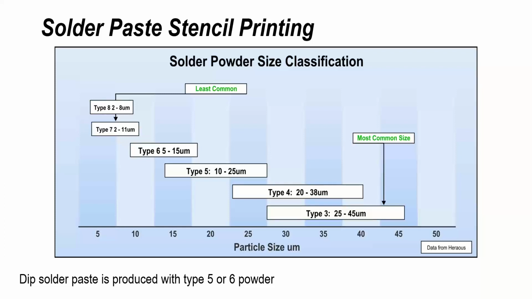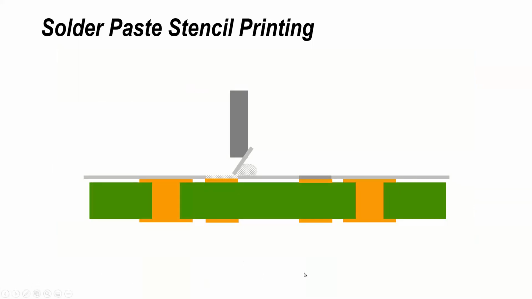Originally, type 4 was more expensive than type 3, and possibly is in certain areas, but the price differential for the quality of printing is justifiable. So generally speaking, most people are using type 4 today on most applications. So that just gives you an idea. Of course, there are other pastes for other applications which use type 5 and type 6, but type 4, the most common for our printing applications.